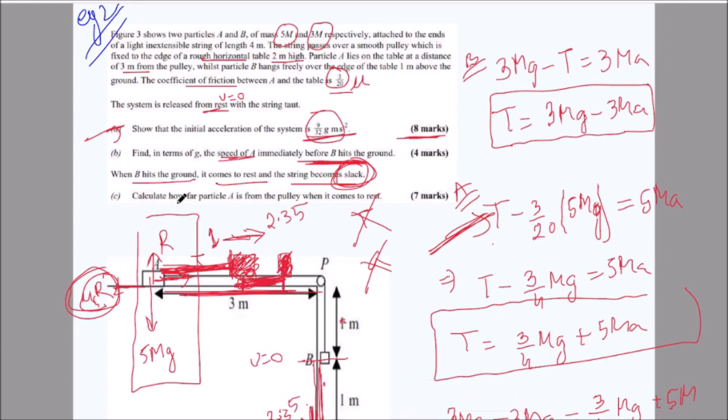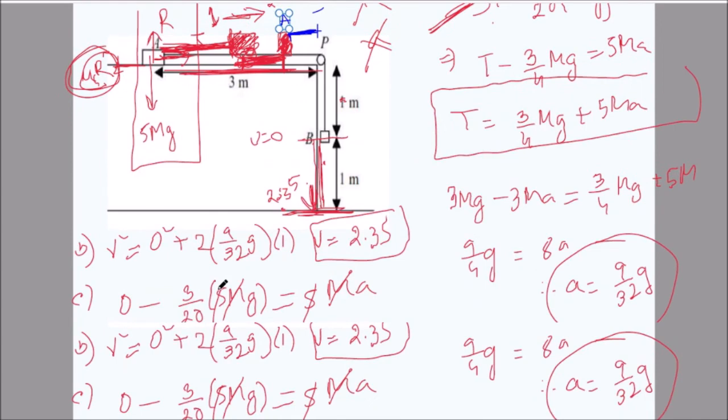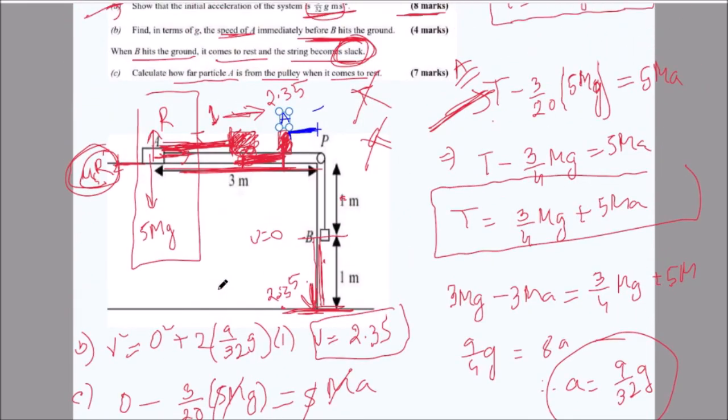But we need to calculate how far particle A is from the pulley when it comes to rest, the distance between particle A and the pulley. We calculated 1.878, and this distance is already 1, because by the time B has moved 1 meter downward, A has already moved to the right.